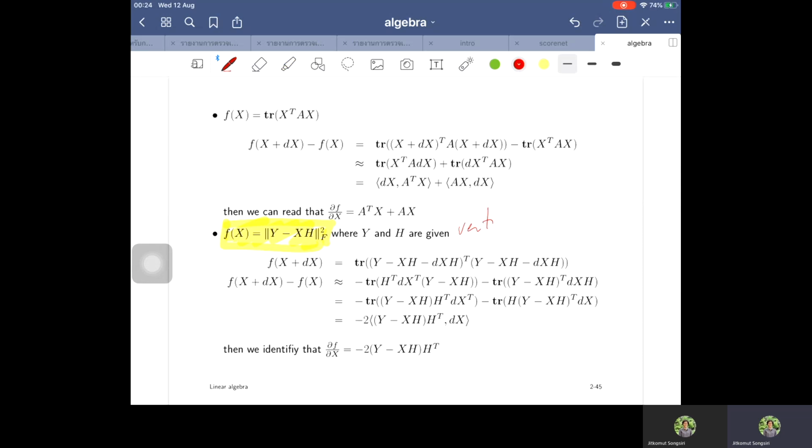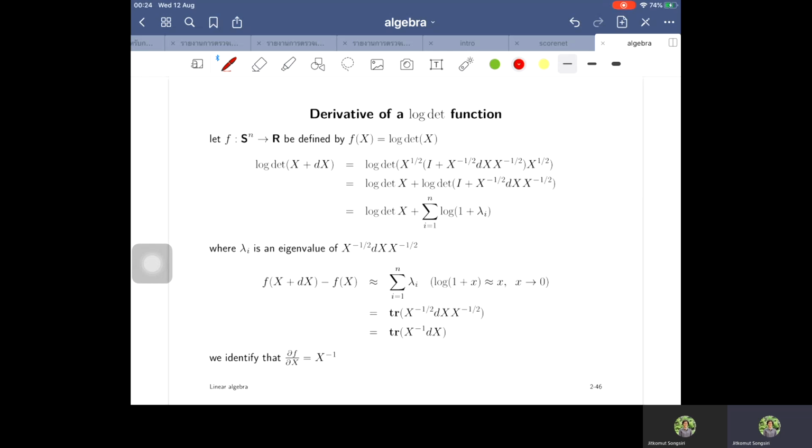We're gonna see it when, for example, you consider a vector autoregressive process, and we would like to estimate its parameter, which is going to be a matrix. Okay, so this is a least square loss function.